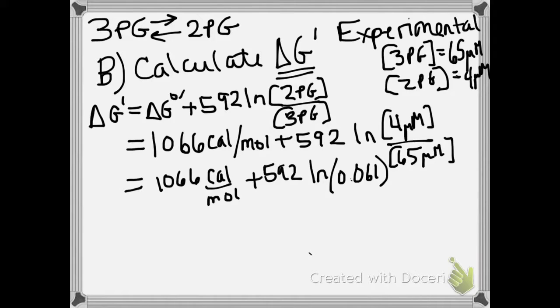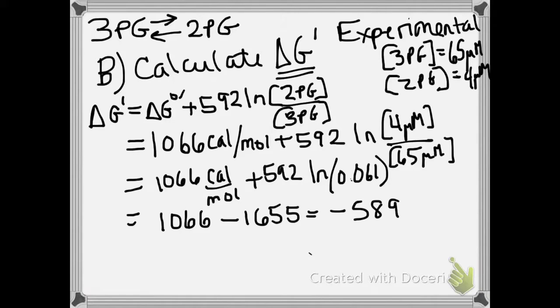0.061, which equals 1066 minus 1655, which equilibrates out to minus 589 calories per mole. It is negative. Notice that sign.